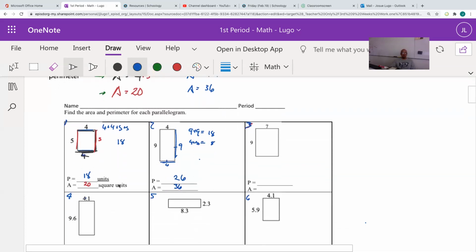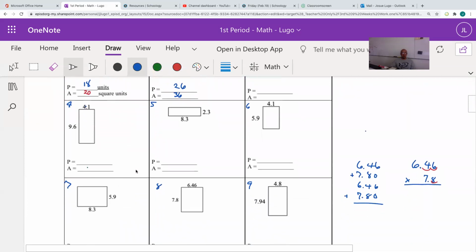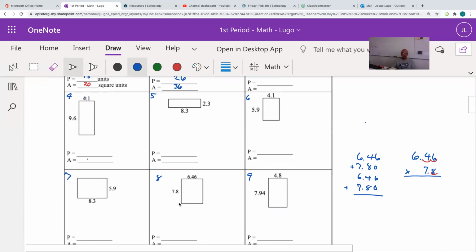Awesome. Now, the only challenge here is really the fact that you're going to have some decimals. Ladies and gentlemen, if you do not remember how to multiply with decimals, you have to review that. Okay, I will do one of these harder ones, so I'll do number 8 with y'all.